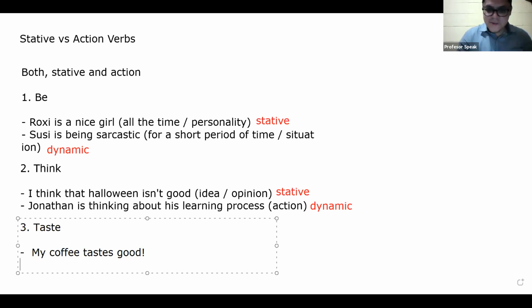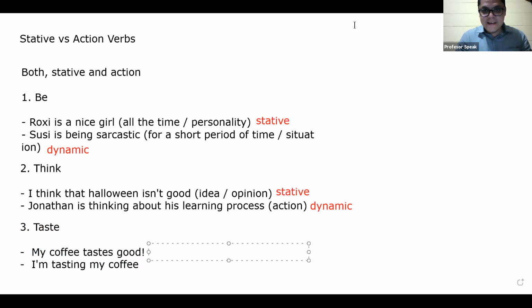But what happens if I say I'm tasting my coffee? So I do this. I drink. Okay. So the first one, guys, is a stative verb.